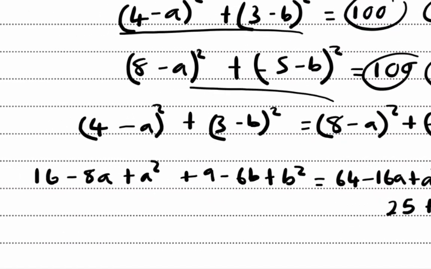Now we're just going to simplify this. Right, so we have b squared on the left hand side and b squared on the right hand side, so that will cancel out. A squared on the right and a squared on the left, like that, and that will cancel out.